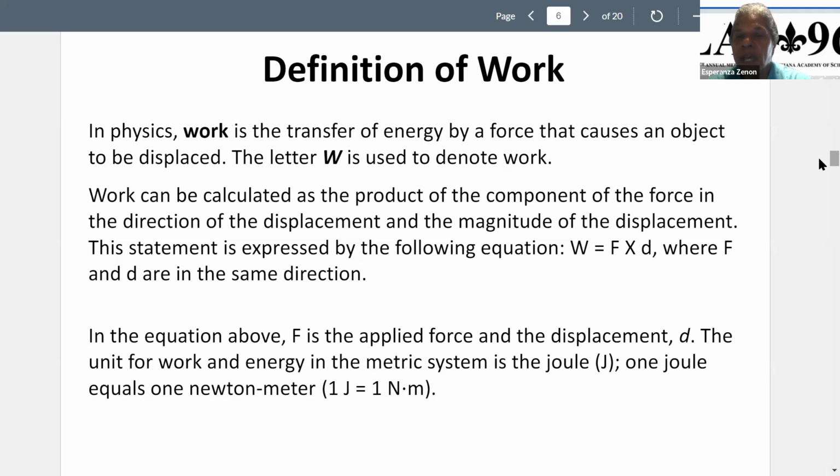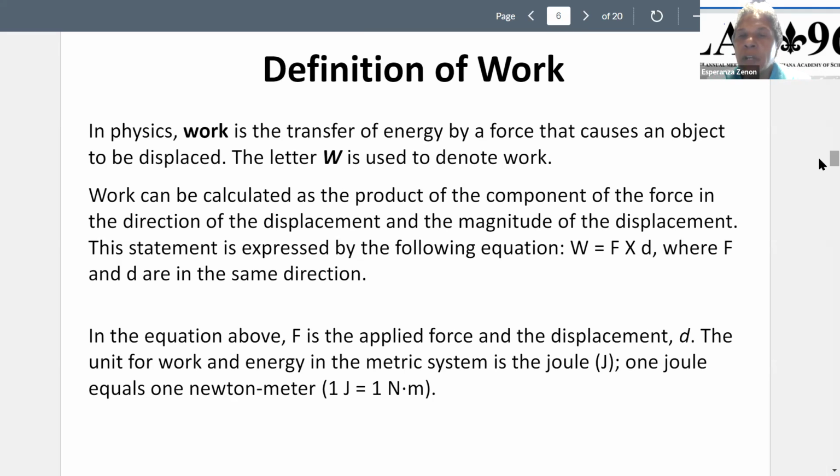W equals F times D. If F is 0, obviously you aren't doing any work. If the displacement is 0, you aren't doing any work. You could be pushing on a wall, and if the wall doesn't move, you aren't doing any work. You applied a force, but there was no displacement. Obviously, if you don't ever push, you can't do work.